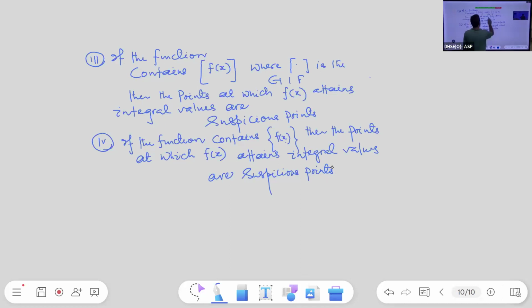So, guys, your first session is over. The second session I'll start exactly at 9:15. The second session is from 9:15 to 10:45. We'll solve some previous year questions of JEE Mains and Advanced in the second session. The theory part is almost over.